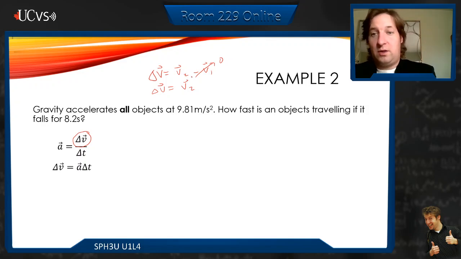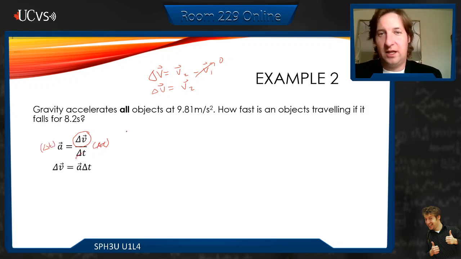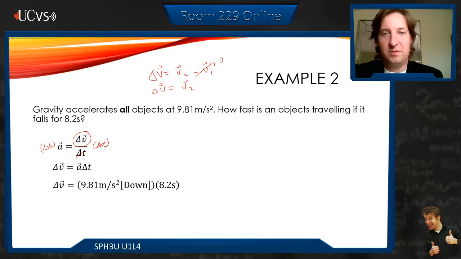If I solve, I'm going to multiply both sides by delta t, and they're going to cancel here. So the change in velocity is going to be a, the acceleration, times the time. There's a new equation there for you. If I replace the acceleration and the time, the acceleration was 9.81 meters per second squared down. The time is 8.2 seconds.